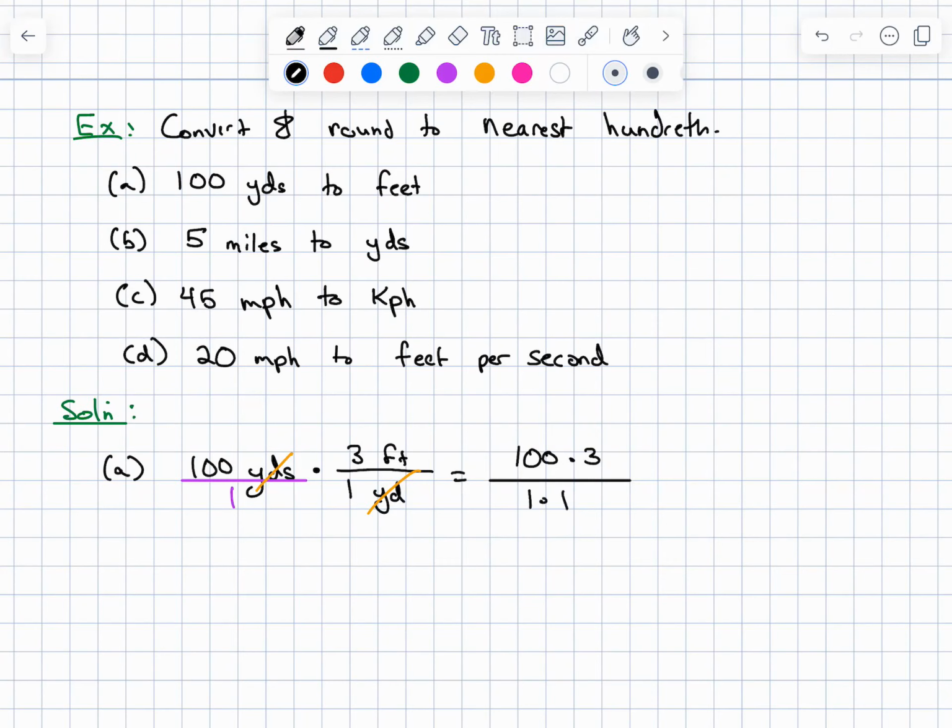You don't need to write the 1 times 1 if you feel comfortable, because dividing by 1 and multiplying by 1 don't do anything. All that's left are feet. So that's 300 feet. That is our answer. And because there's no decimal, we don't need to worry about rounding. There's no hundredths place, so it's already rounded for us.